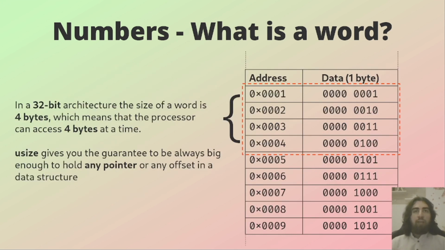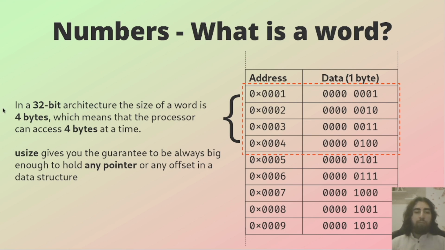Now, if we look at this very simplified representation of computer memory, where we have addresses over here and the data over here, each location holds data of 1 byte.